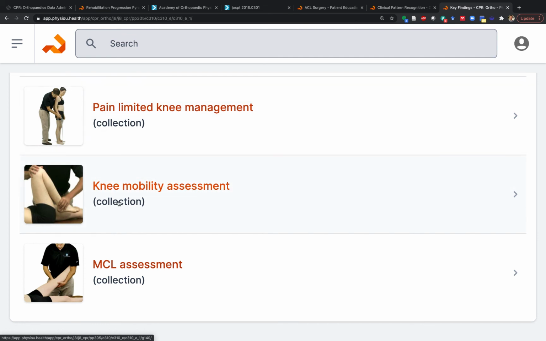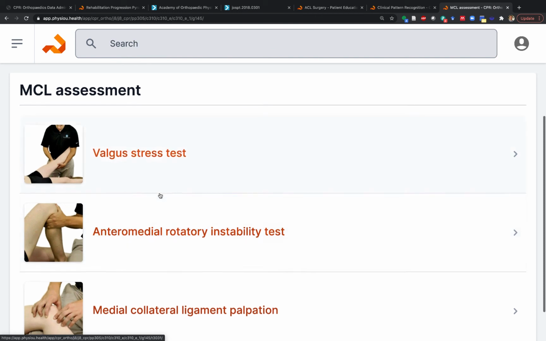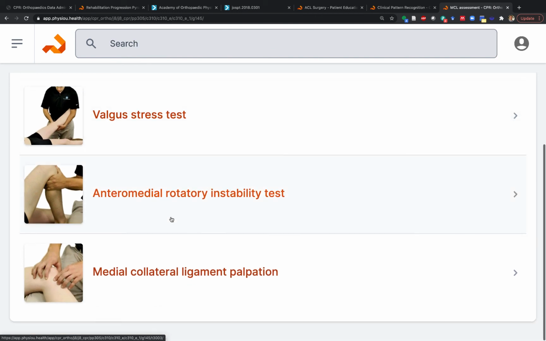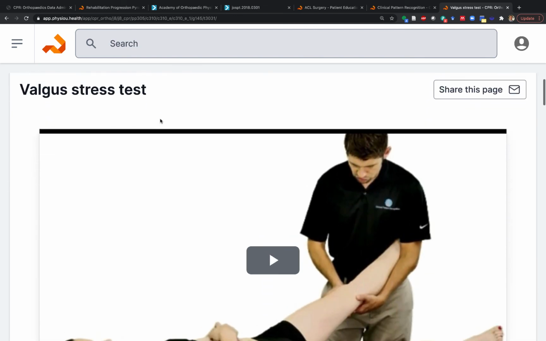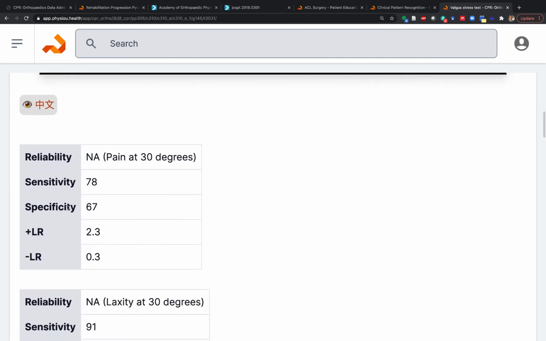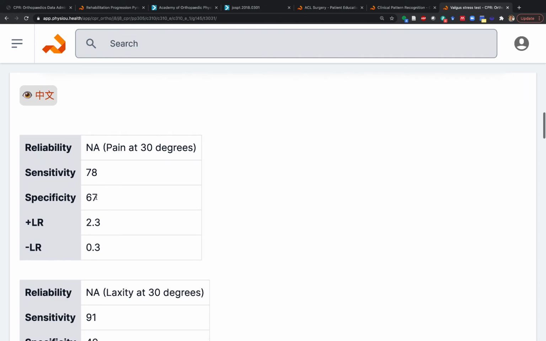So it's standard that we need to check this. And here's your MCL assessment where you can look at the valgus stress test. You can look at the medial collateral ligament palpation test. There's other tests that you can use, but this is essentially the gold standard here. All right, so again, you can watch the technique, note the sensitivity and specificity.